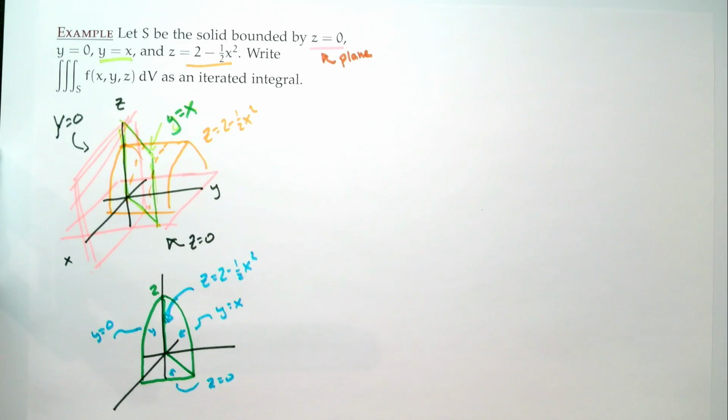What are we after? Well, we want to write the integral as an iterated integral. So that means integrate in some particular order. So now we get to make our choice. Which order should we integrate in? So what are the options?